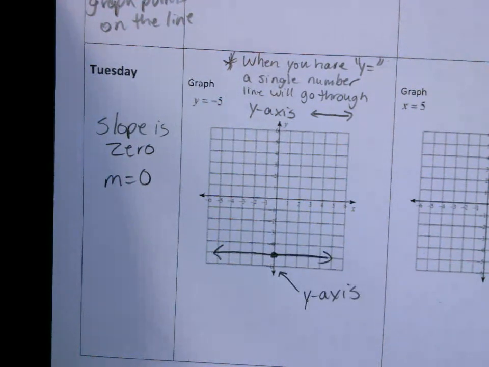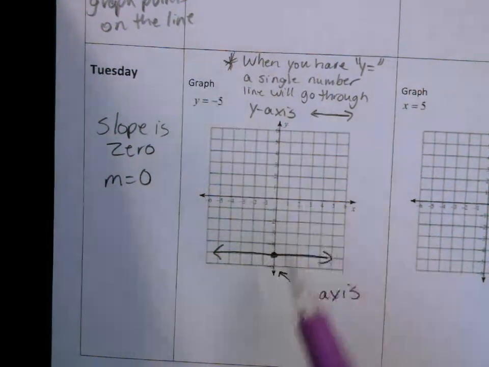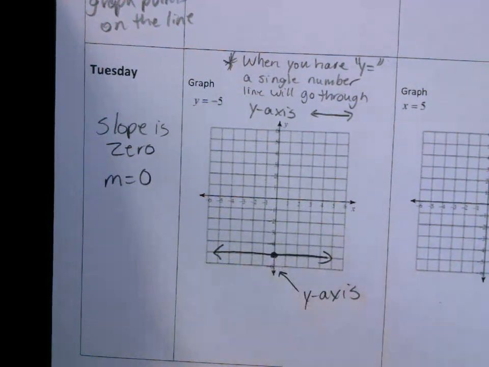So when the equation is a single number, you are going to draw a line through whatever that number is on the y-axis. Let's look at x is equal to.